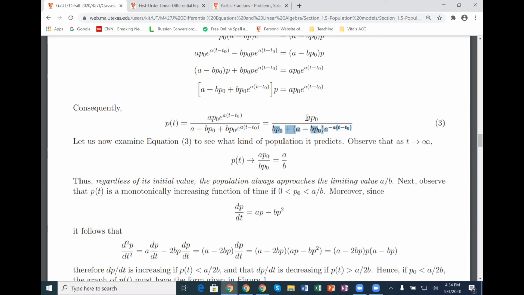So we divide ap0 by a smaller and smaller number. The result becomes bigger and bigger. So the whole thing is an increasing function. You increase t, you increase the value of the whole thing.